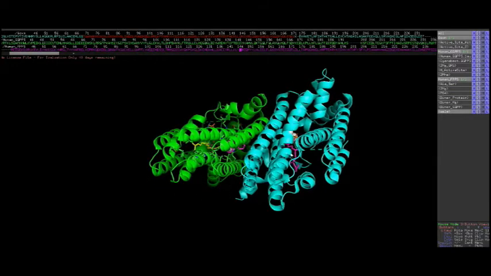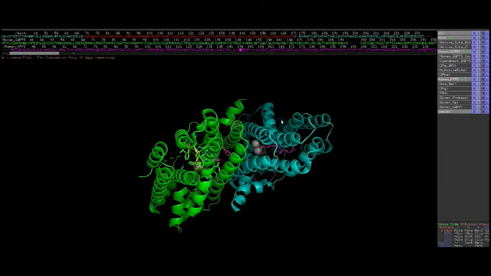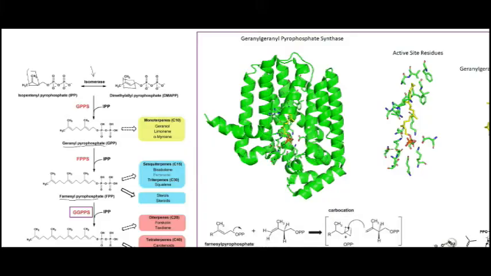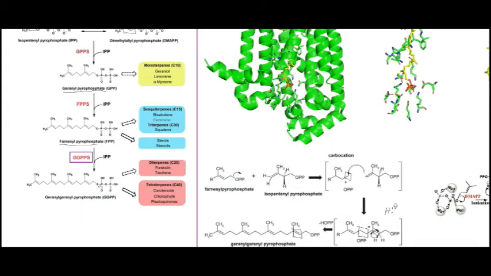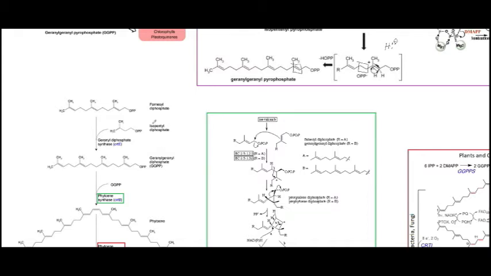You can kind of see the magnesiums and stuff in the other protein in this complex. And so yeah, that's the Geranylgeranyl pyrophosphate. So that brings us to this step right here.